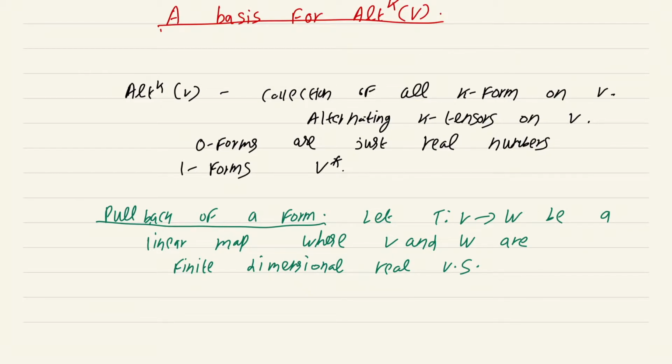Okay, so we are given a linear map. If omega is a k-form on W, then we define the form T star omega of v1 to vk, by definition, to be just omega acting on Tv1, ..., Tvk. So the definition is exactly like how you define the dual map.